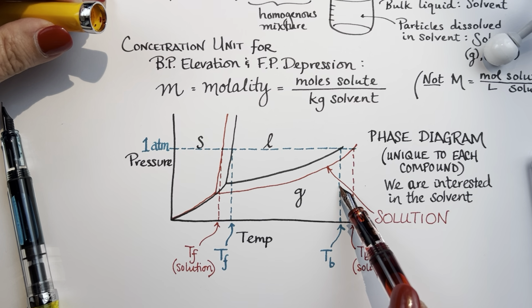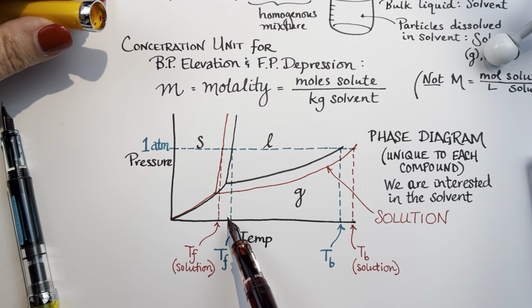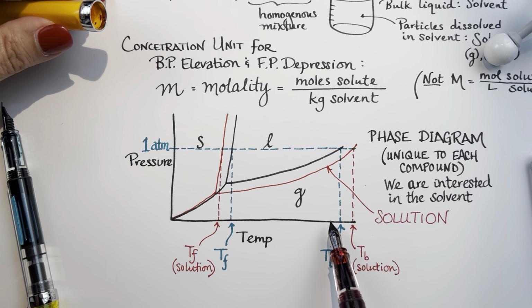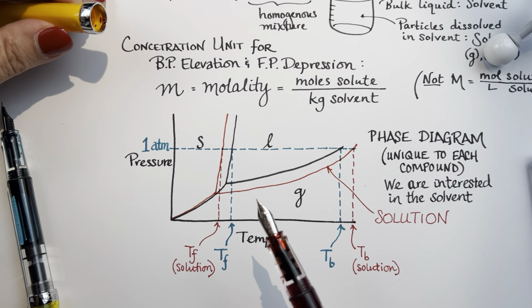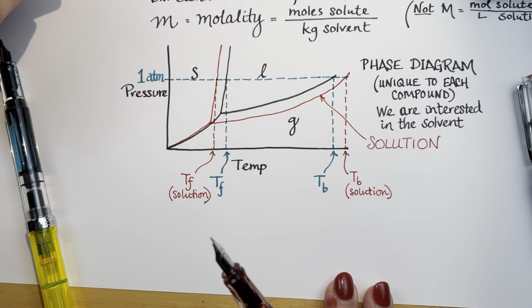The boiling point has gone up, boiling point elevation, and here the freezing point has gone down, freezing point depression. This is essentially the background for when we carry out calculations.